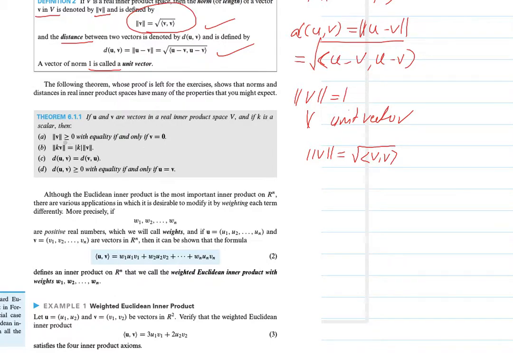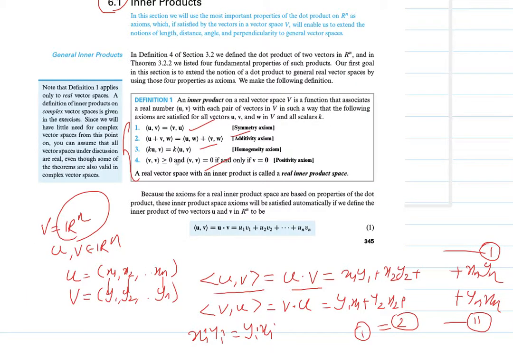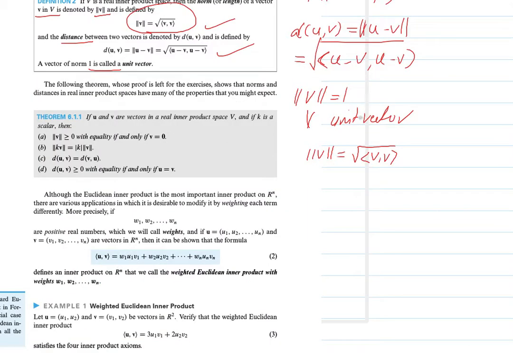So first here it is given that norm V greater than or equal to 0. For that we can use this one. Inner product VV greater than or equal to 0. So inner product VV greater than or equal to 0 means root of that is also greater than or equal to 0. So there is nothing to prove. And this condition holds, that is norm V equal to 0 if and only if V equal to 0.